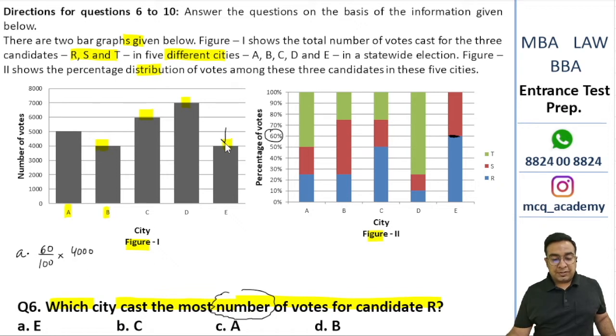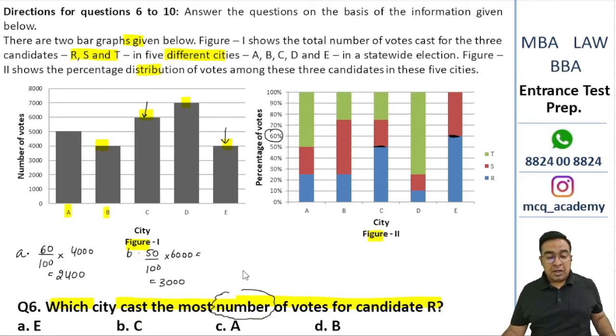Total number of votes from city E is equal to 4000, so 60% of 4000, so this will become equal to 2400. For option number B, city C said the percentage of votes that have been received by R is equal to 50%, so this will be 50% of 6000. This is equal to 3000. The total number of votes that R has received from city C is equal to 3000.